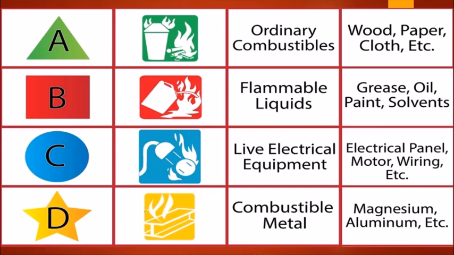So an explosion occurs when these two groups combine with each other. If potassium combines with magnesium, then it can lead to fire. So these are called chemical substances and this causes class D fire. And if we have to extinguish this type of fire, we need a fire extinguisher.